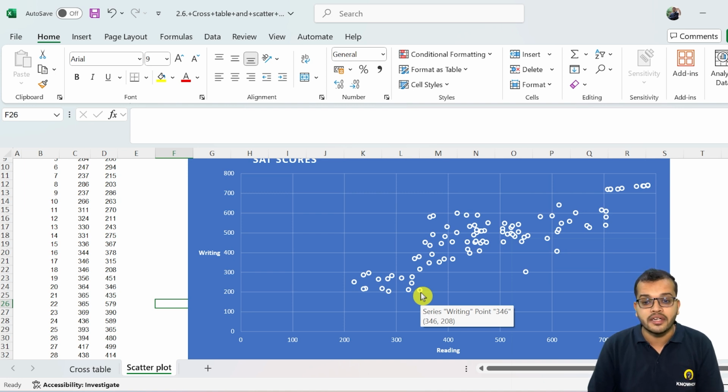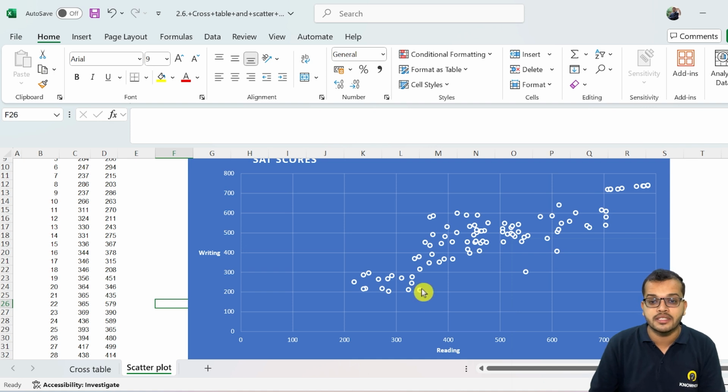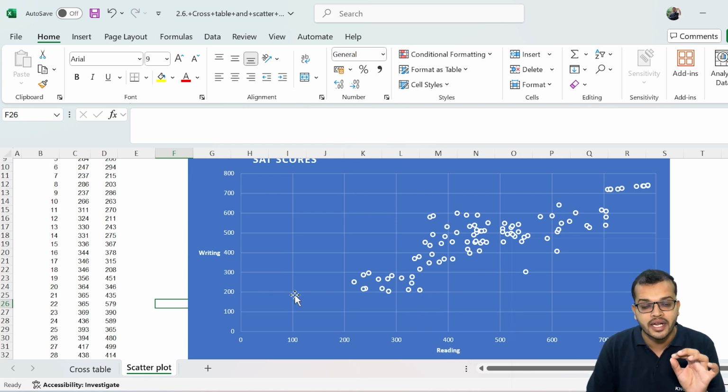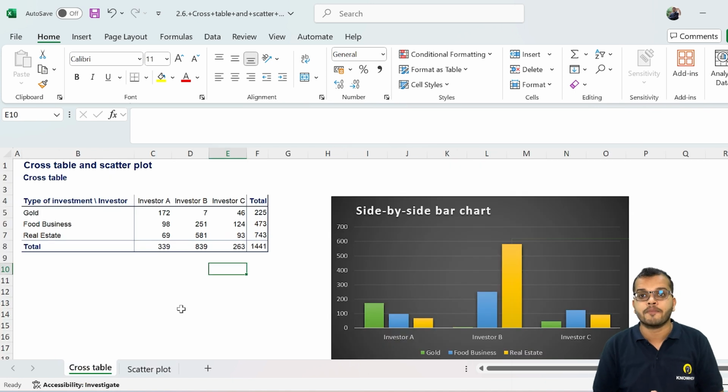It is just above 200 here, and it is 346 in reading. So this person is good in reading and a little bit less in writing. That's how it can be predicted. My dear viewers, whenever we talk about the visualization perspective, we should always think about what kind of data we have and what the right visual is that we have to choose.